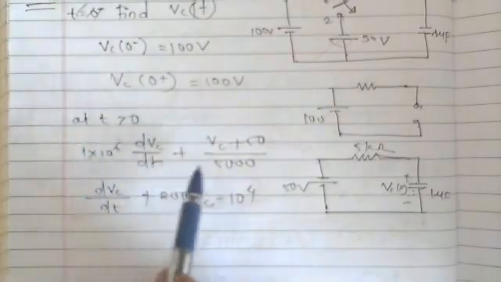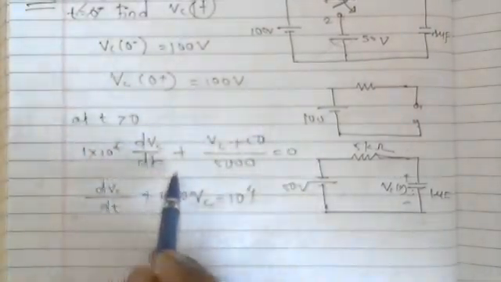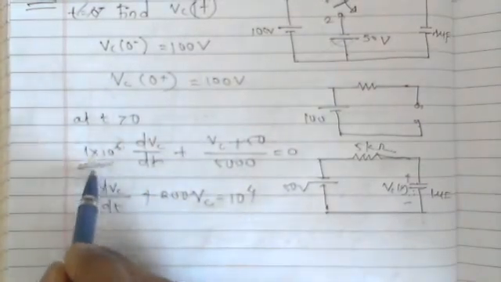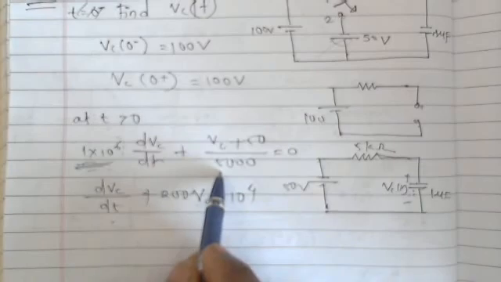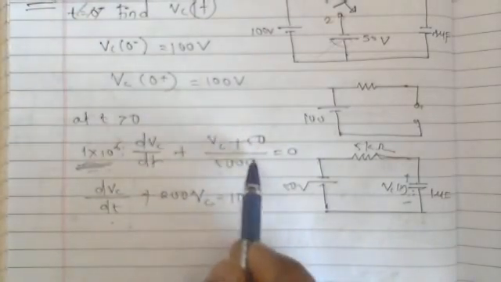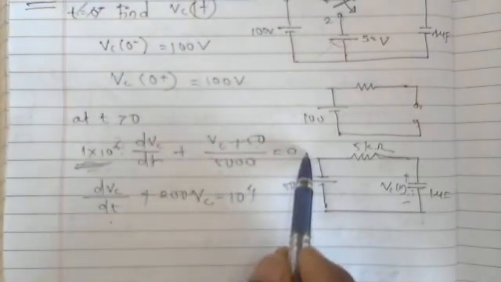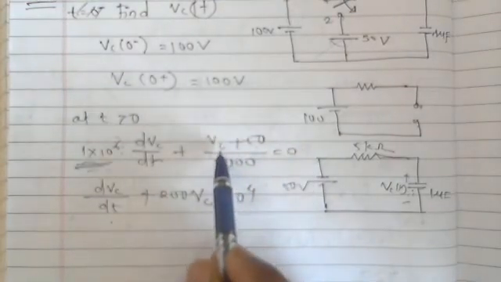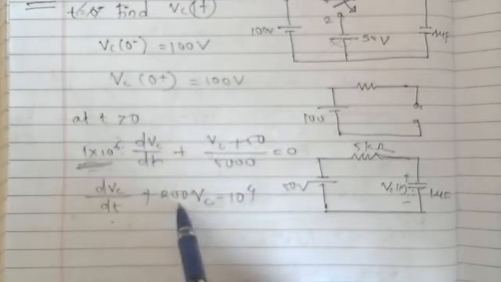I will divide each term by 1 into 10 raised to minus 6, and separate the terms, so the Vc term is on one side and the constant term goes to the other. When we divide the Vc term by 10 raised to minus 6, it becomes 200, because there is already a 5000.